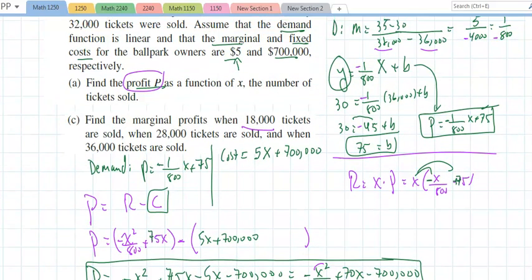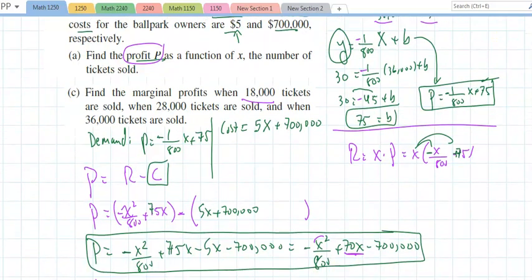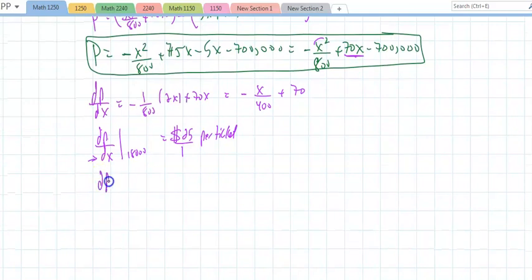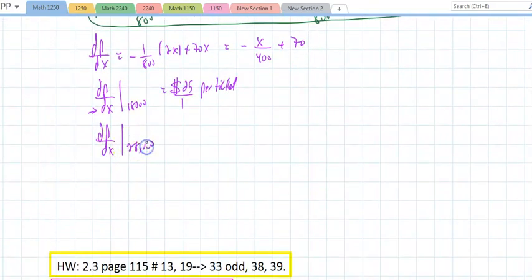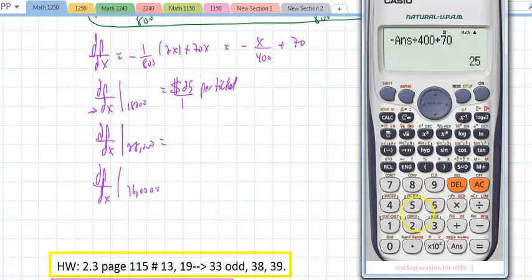And how much are they making? How much is the marginal profit changing at 28,000 tickets? dp dx at 28,000 and 36,000. So it's only a matter of plugging these numbers on my calculator, but what does it mean? 28,000. Where's that formula?